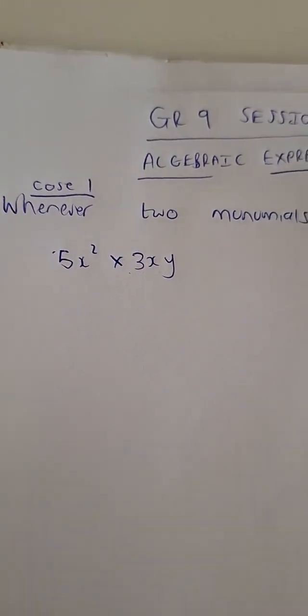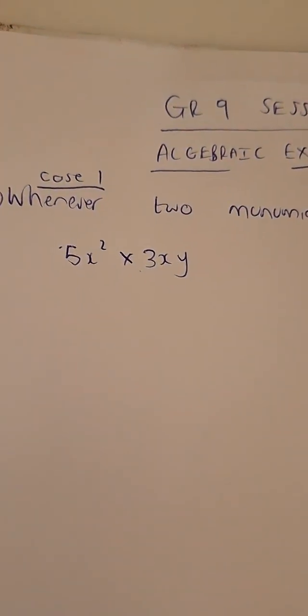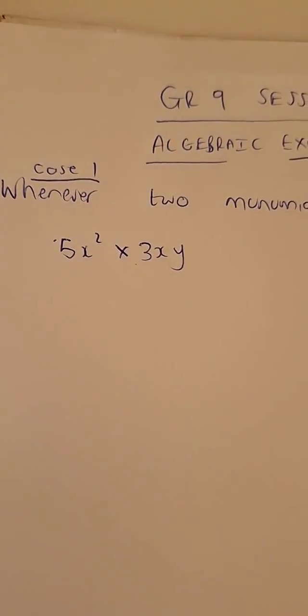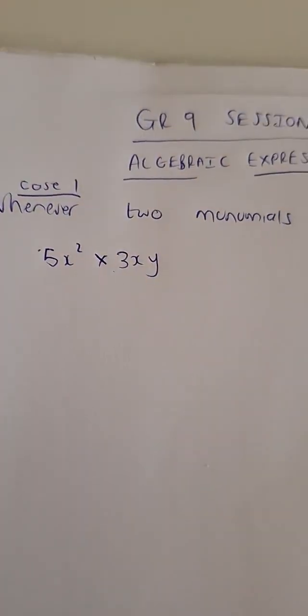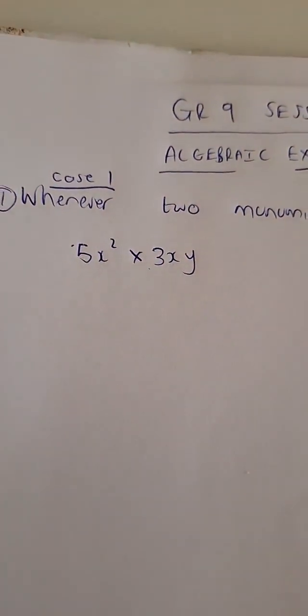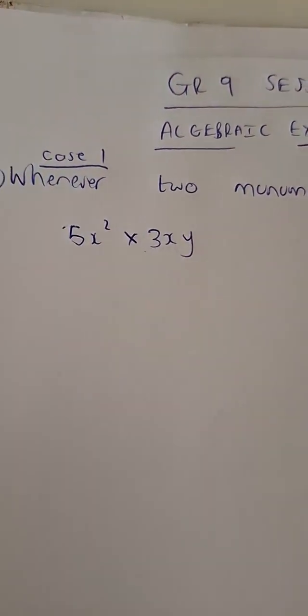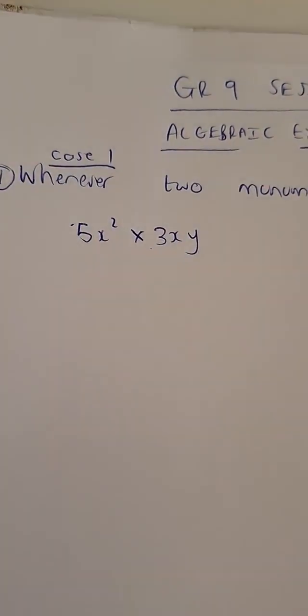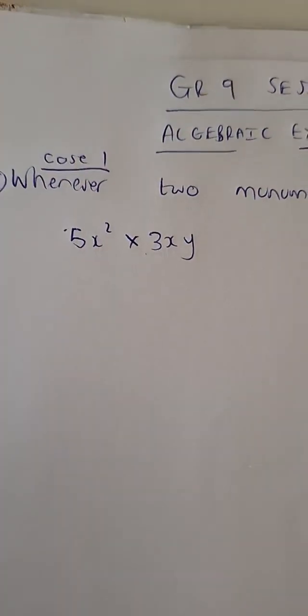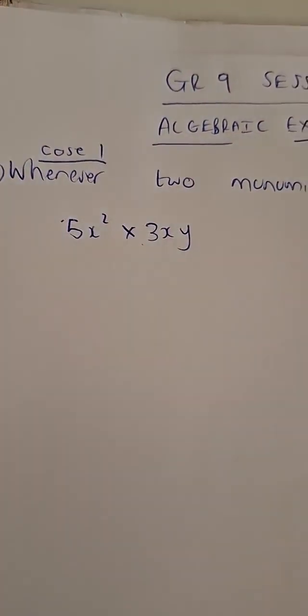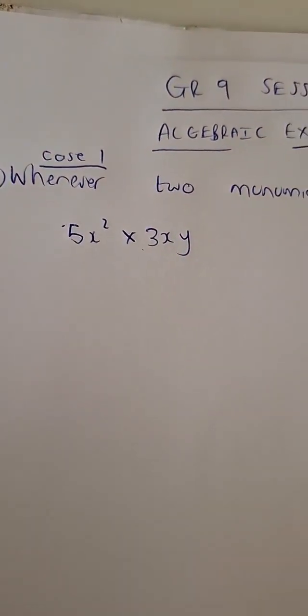Now with multiplication and division, guys, whether the terms are alike or not, multiplication happens, division happens. It's just addition and subtraction that seem to have a problem with unlike terms. Addition and subtraction does not happen for unlike terms, but multiplication and division for unlike terms, it happens.